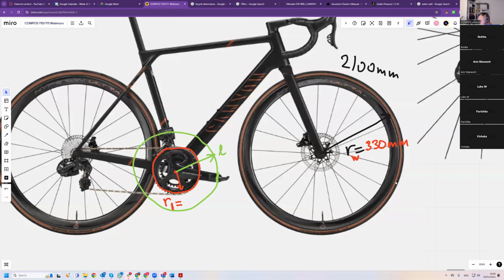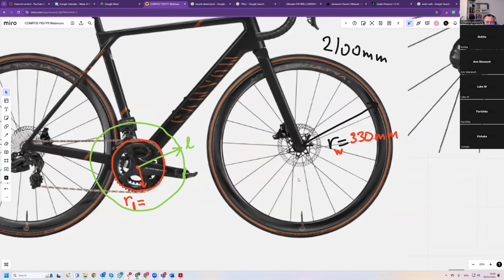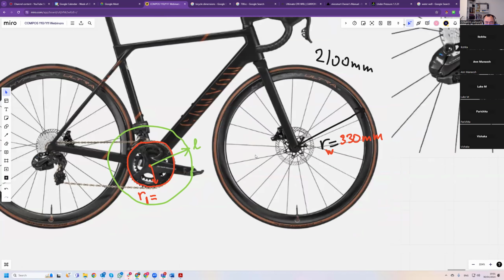I'll write it down for me. So what is the radius of the green circle? I'm very sorry. I hope that's back. Not touching anything. That one is meters. R1.